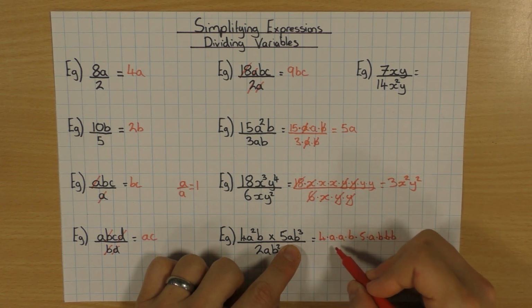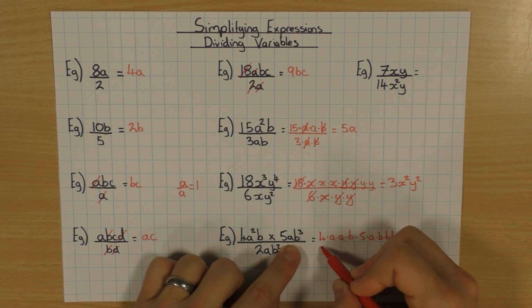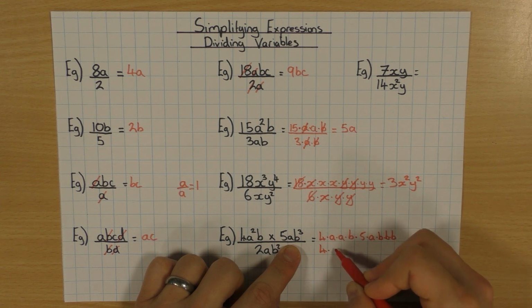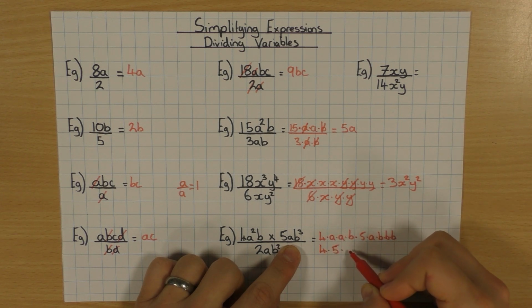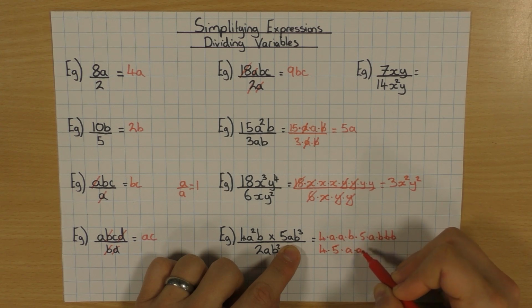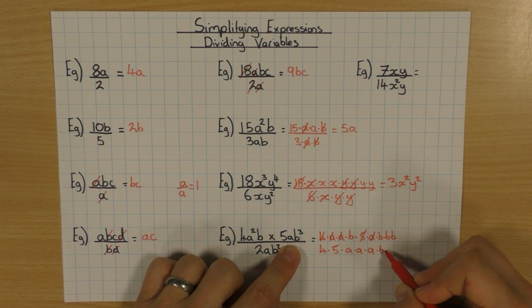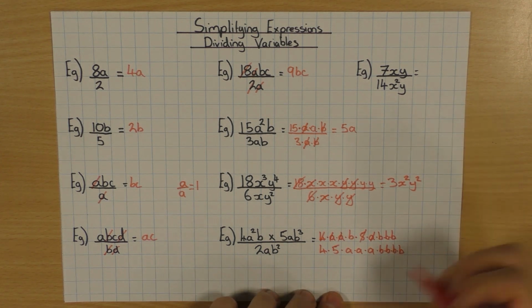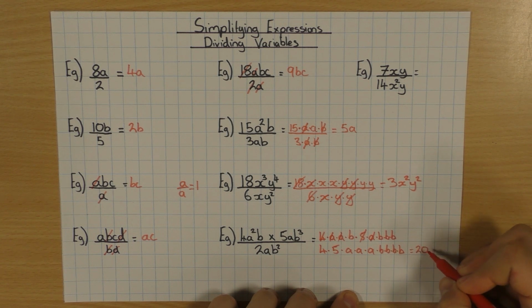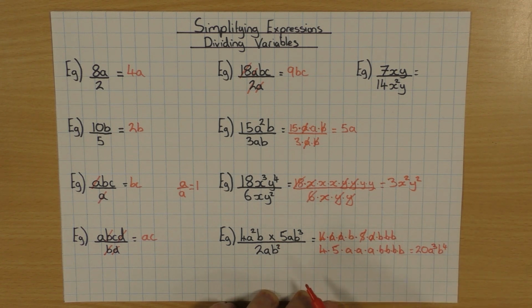I'm going to rearrange that, all the numbers first and letters in alphabetical order. So 4 times 5 times a times a times a. So I've got the 4, I've got the 5, I've got 3 a's, and I'm left with 4 b's. Okay, so when I work this out, I'm going to have 20, a to the power of 3, b to the power of 4. Okay, so that's what's going to go on top.